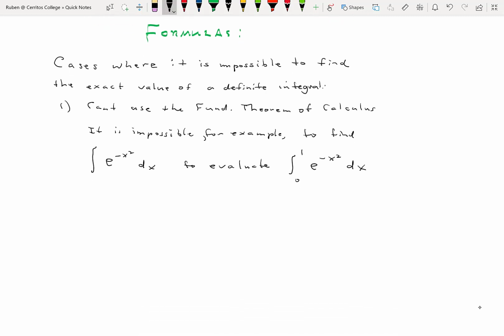The second case that is pretty common is that when evaluating, let's say, the integral from a to b of f of x dx, f of x is not given explicitly.